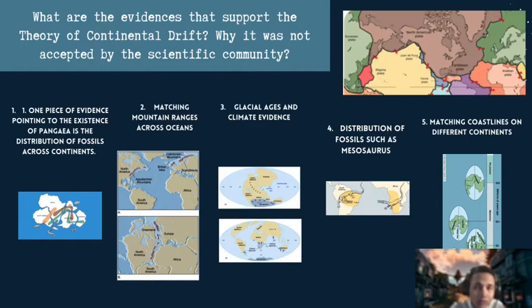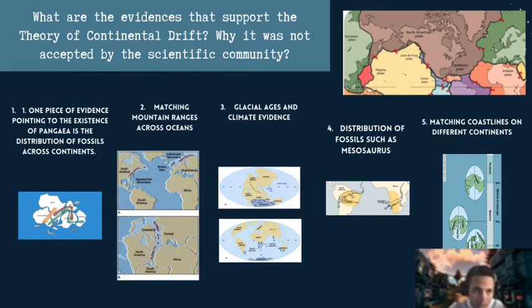He published this theory in 1912, and he is the first person that developed it. He proposed that there was only one continent in ancient times, which is named Pangaea, based on a huge body of geological and paleontological evidence.